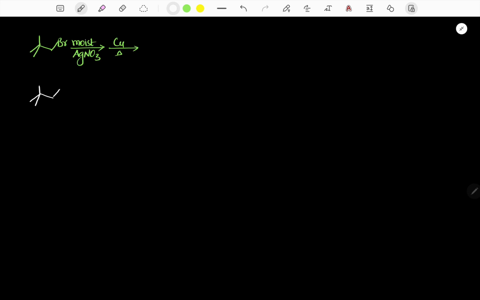Neopentyl bromide. This molecule name is neo. A 4-degree carbon is neo. Total 5 carbons. Neopentyl bromide. When neopentyl bromide is treated with moist AgNO3, it's not AgNO3, slightly printed mistake, it is Ag2O. Moist Ag2O means we should think simply AgOH.